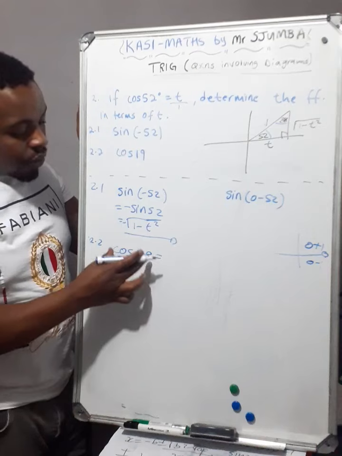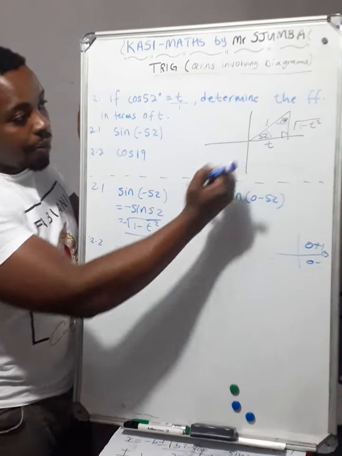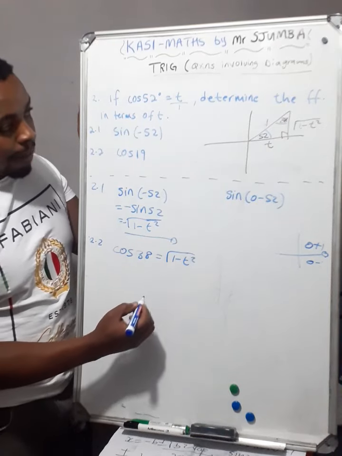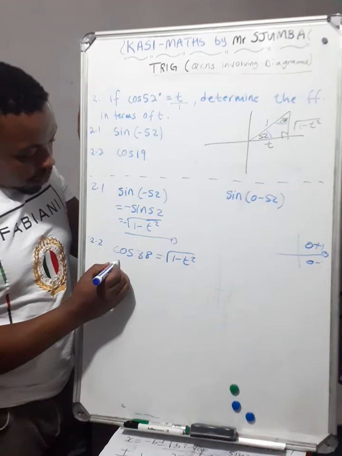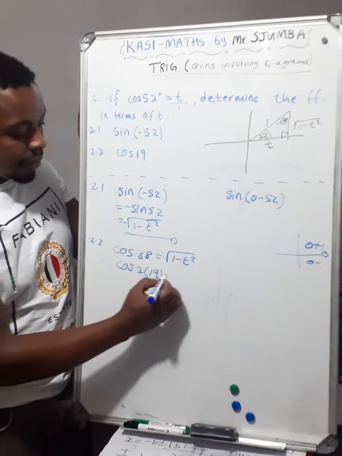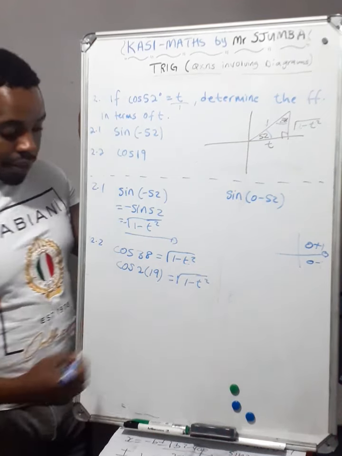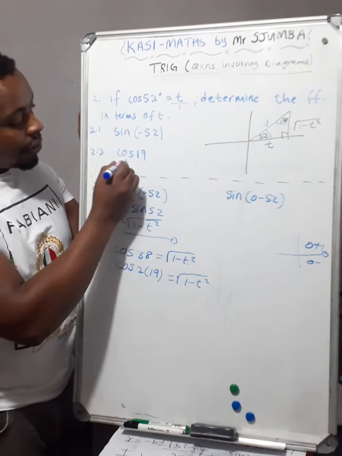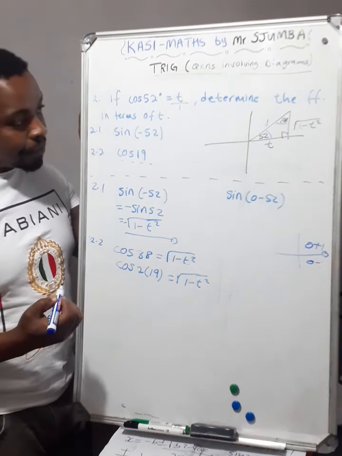Then we ask ourselves, what is the value of cos 38? Cos 38 is adjacent over hypotenuse. So cos 38 is root 1 minus t squared over 1. Right? And then we can change cos 38 means cos 2 times 19. It still equals to root 1 minus t squared. Sifuna thina ukusolve ngo-cos. Sifuna i-answer ethi egcineni ibe no cos. So now we have a double angle.